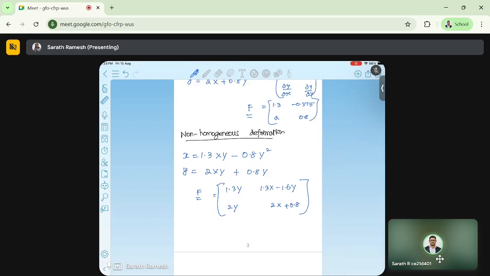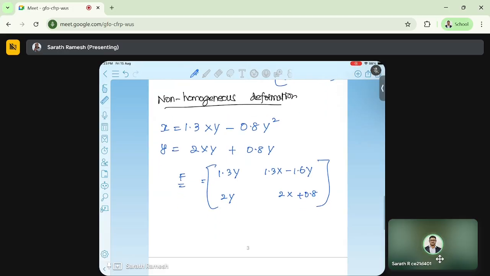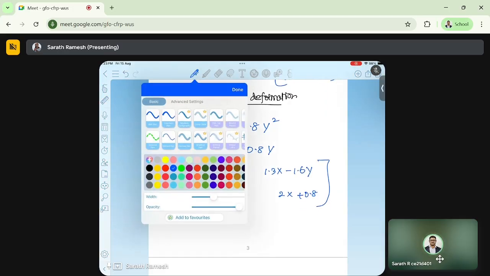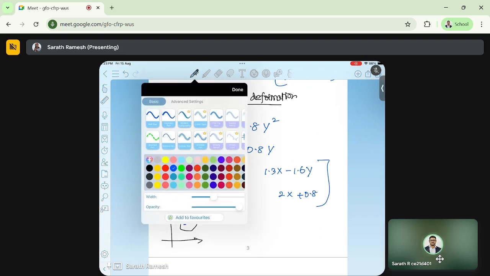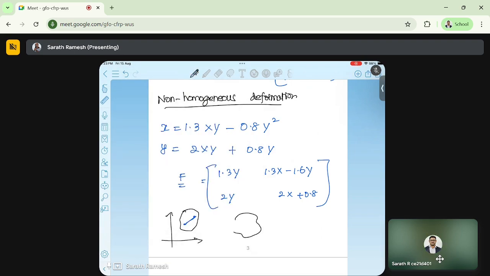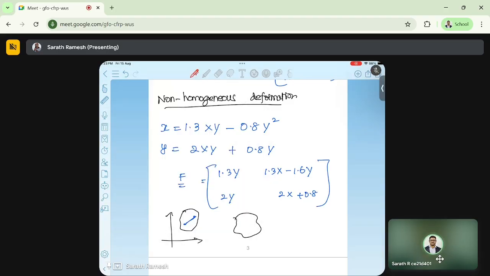So what does it mean physically? Physically it means a straight line in the reference configuration becomes a curve in the current configuration. Suppose I have some body here. This is a straight line in the reference configuration. After deformation, that blue line became a curve.